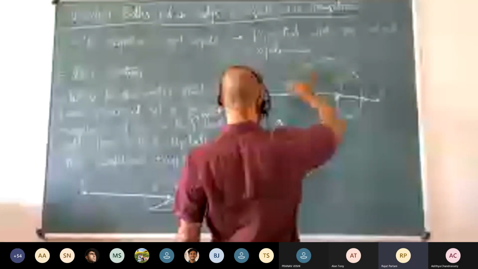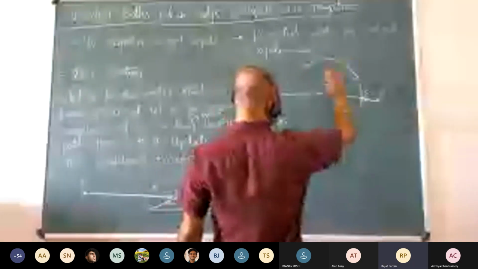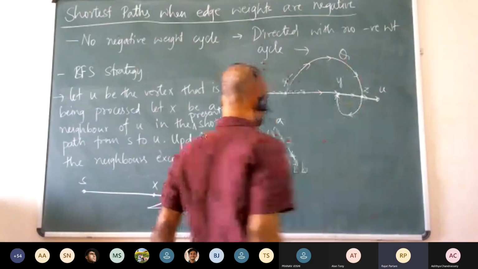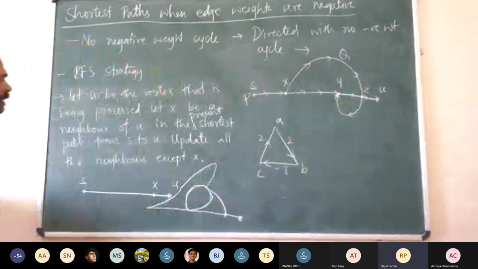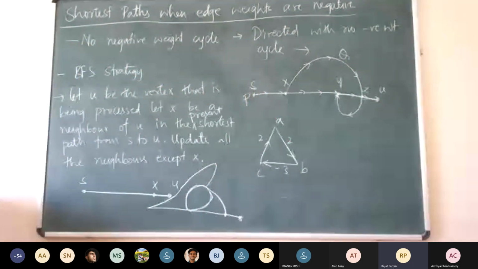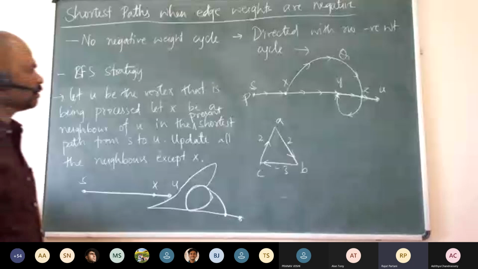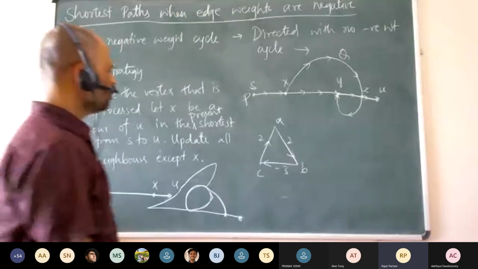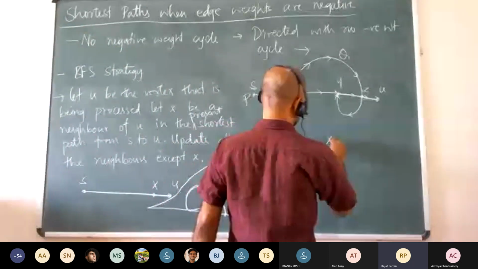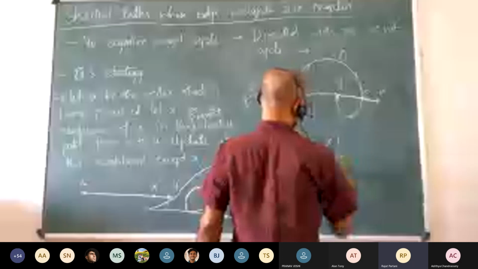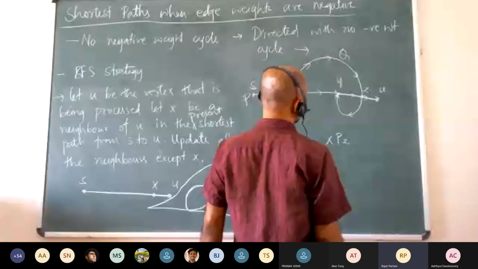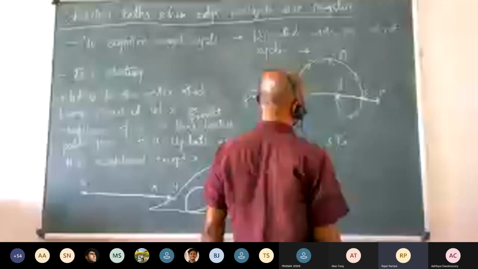Let this be the path P. The path from X to Y, the other path, let it be Q. This path Q should be greater than this XPZ, else we will simply choose this path Q and reach U. But we know that the path to U from S is shortest.